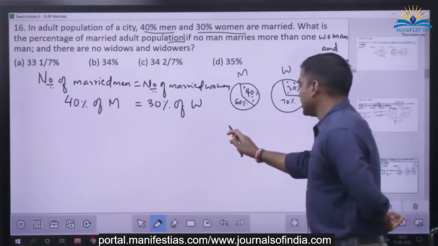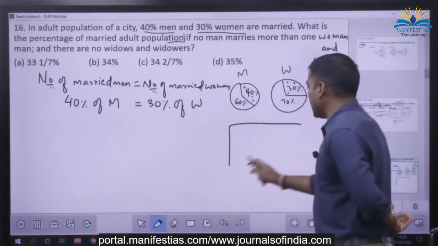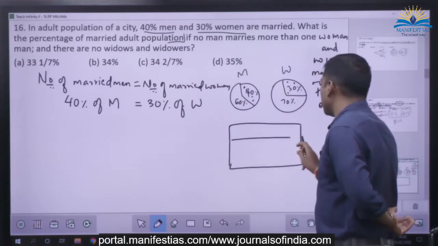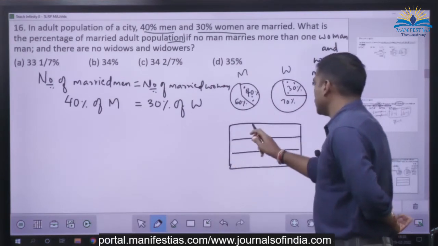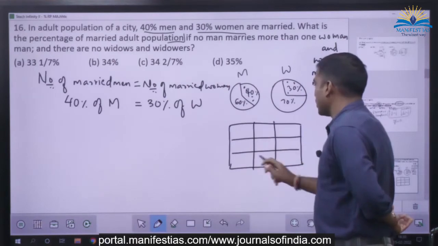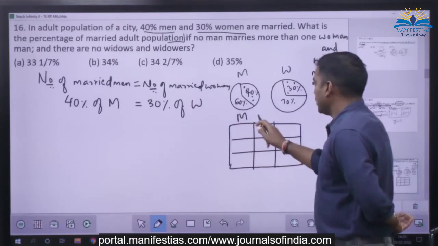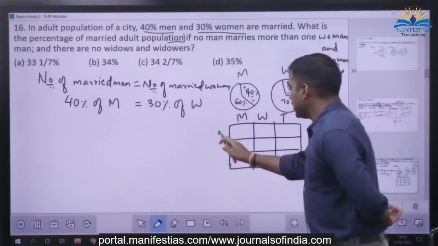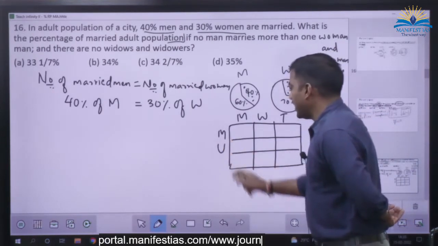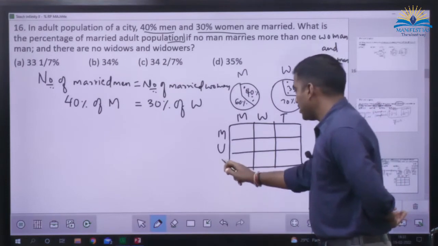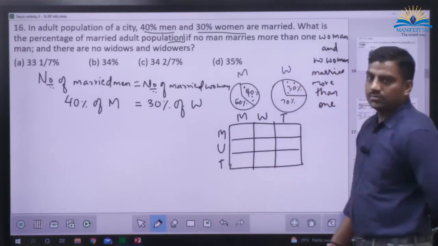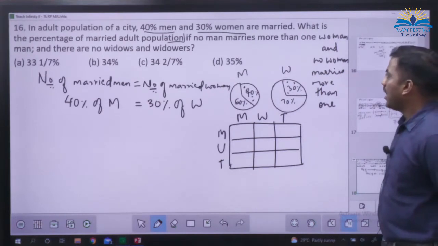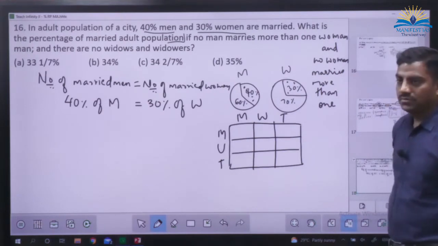Let us say, just like the other, this is men, this is women, this is total, this is married, unmarried and total. Okay, married, unmarried and total. Fine.